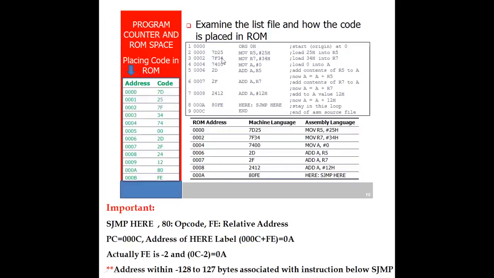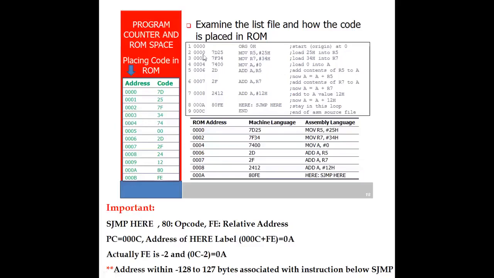Okay, so whenever the microcontroller is executing the second instruction, it is finding the instruction MOV R7, #34 hex. The machine code for this one is given here: 7F then 34. So 7F is the opcode which is loaded in the memory location 0002. After that, the data 34 will be stored inside the memory location 0003.